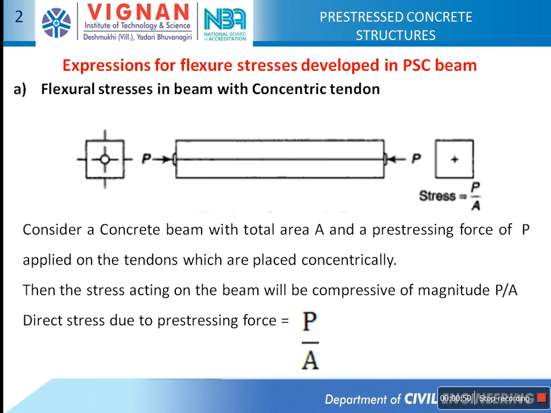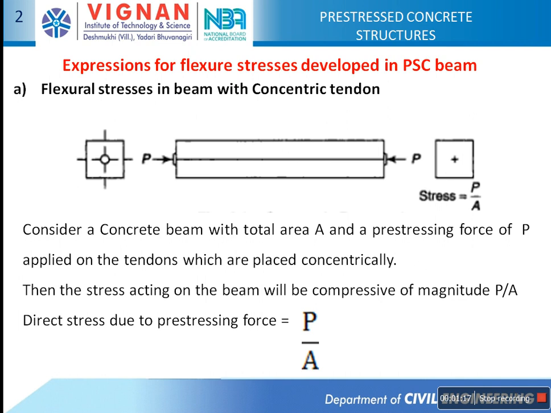So let us consider a concrete beam of total area A and a pre-stressing force P applied on the tendons which are placed concentrically. So this is the concrete beam, and this is the force acting on the tendons which are placed concentrically. Then the stress resulting from such tendons is directly due to the pre-stressing force acting on the beam.